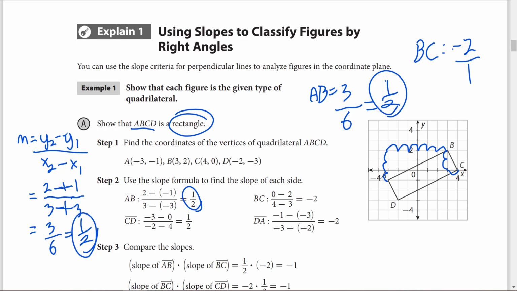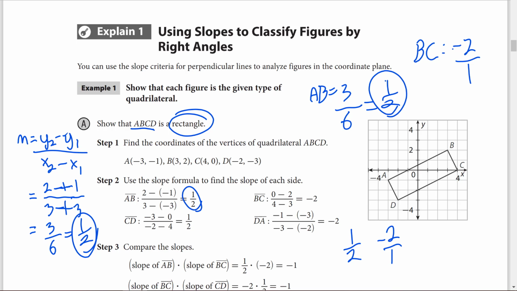I'm going to leave it as a fraction though because it's a little easier to analyze. So let's compare those two sides of the quadrilateral, AB and BC, and see what we can figure out about angle B. Well, AB had a slope of 1/2. BC had a slope of -2 over 1.